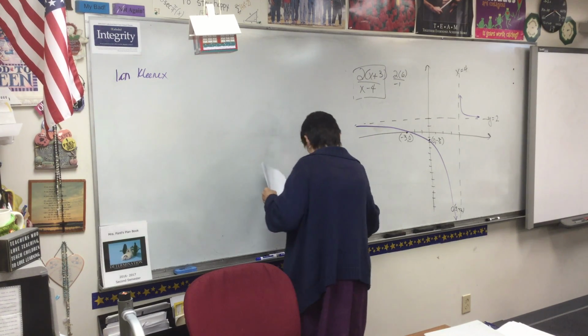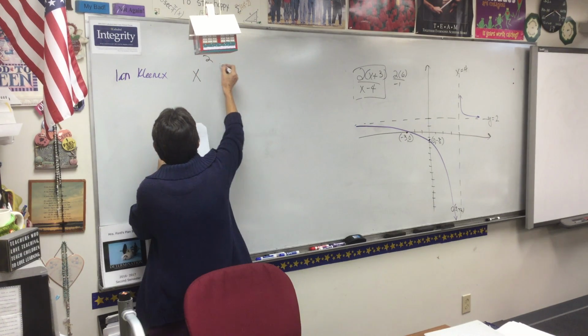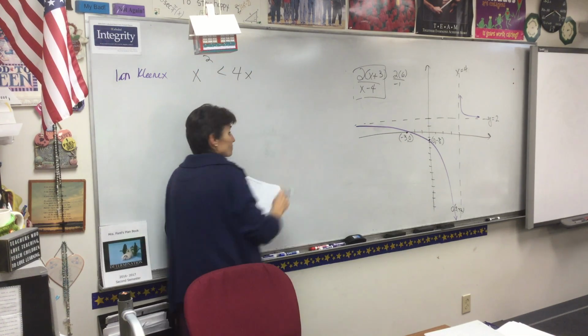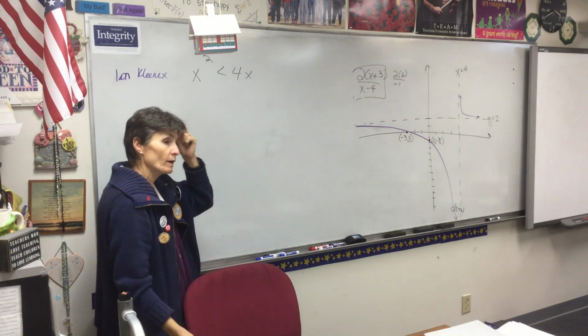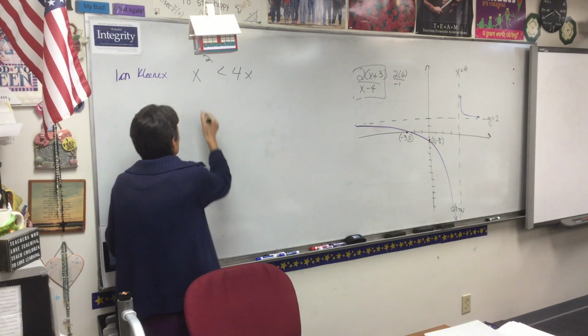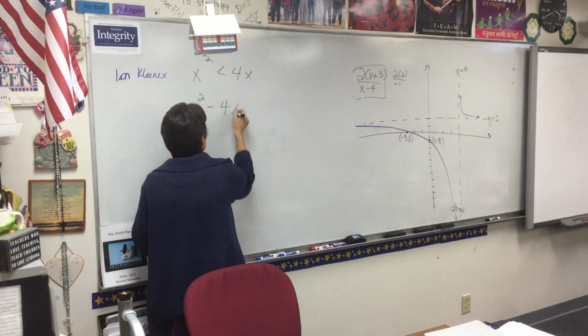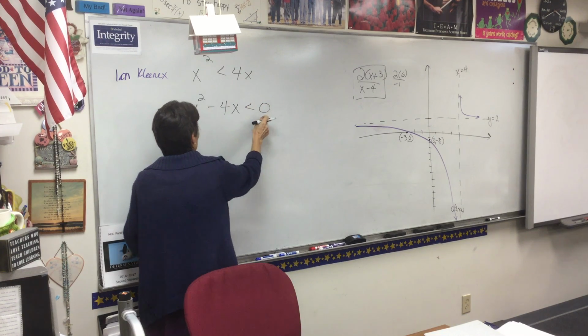Okay, so now we are solving. Bring the 4x over. Guys, it's an inequality, and you have to have them set equal to 0, or not equal to, but less than 0. Gotta have a 0 on one side.